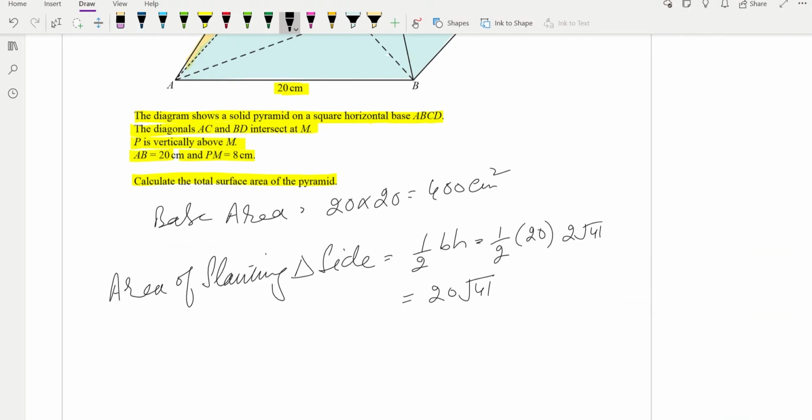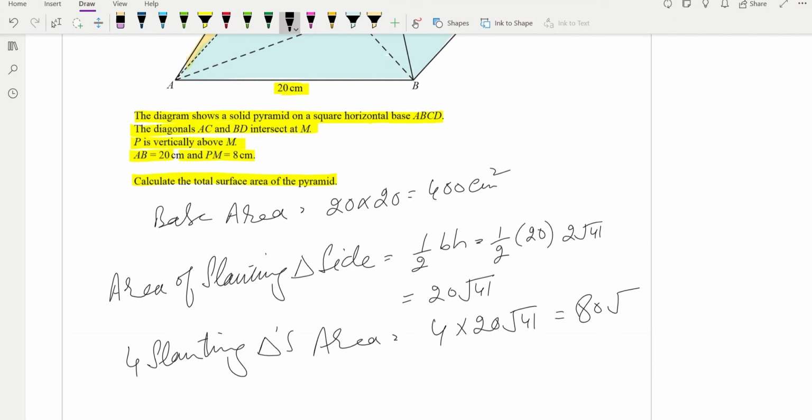This was the calculation. Now we have four slanting triangles, so the area will be 4 into 20 under root 41, which is equal to 80 under root 41.